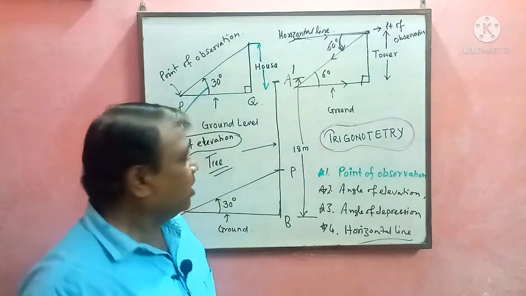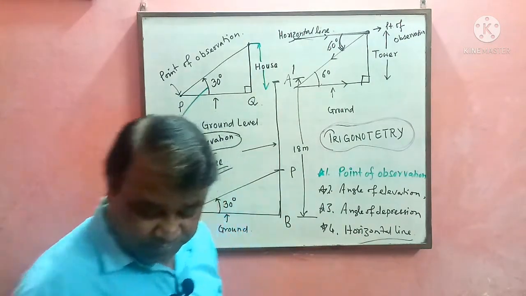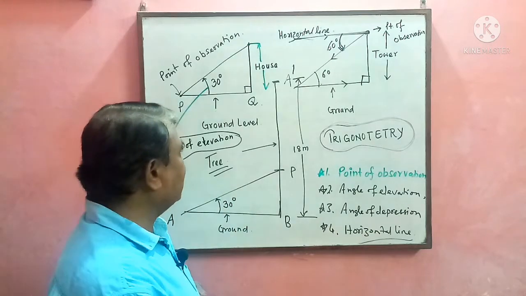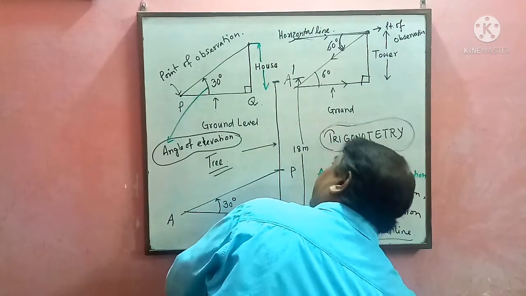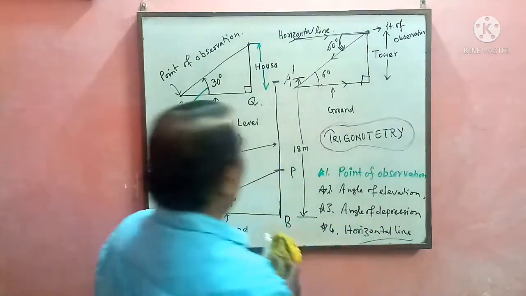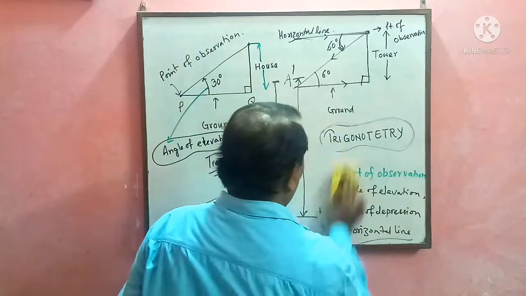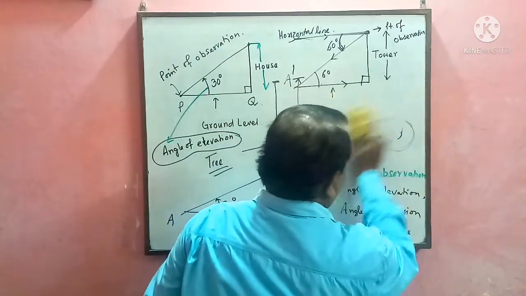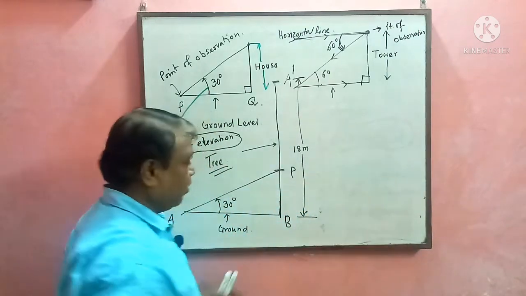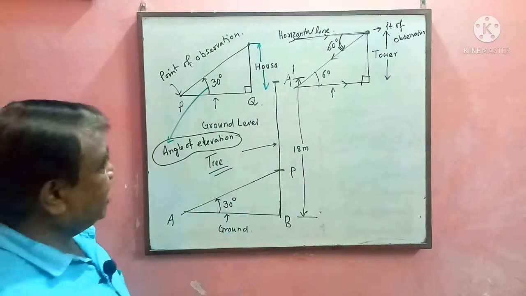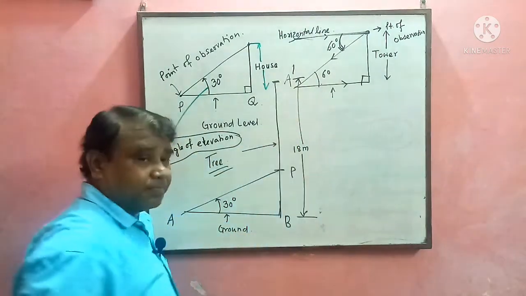Okay. Now let me try an example so that you will come to know this. Here is an example for you. This is a tree of height 18 meters, broken by the wind at the point, let's say this point is P. This AB is a tall tree.